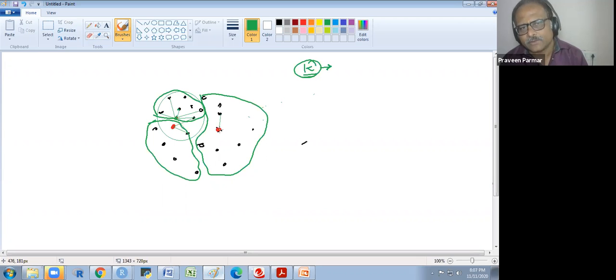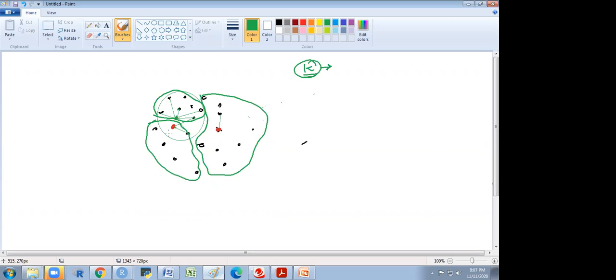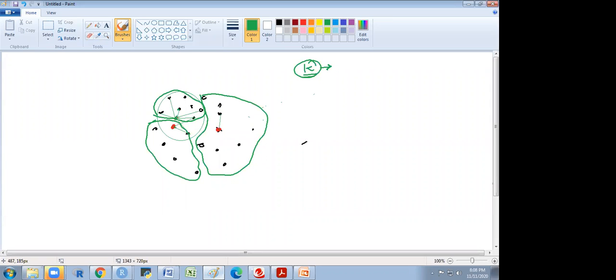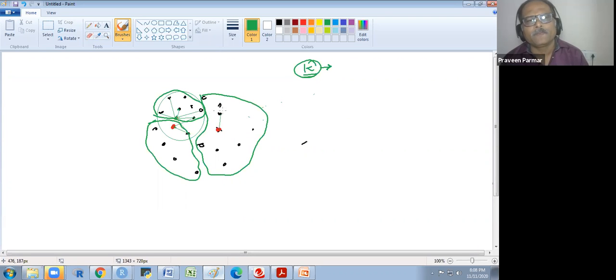There are 3 leaders we are choosing, and the point which is near to it will go with it. Sometimes it may tie, then we have to decide where to put it. It's a very exceptional case. So this is the way.